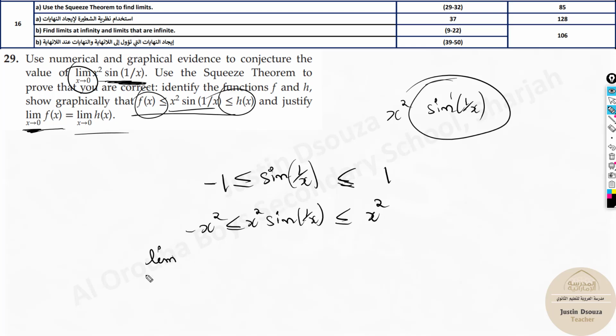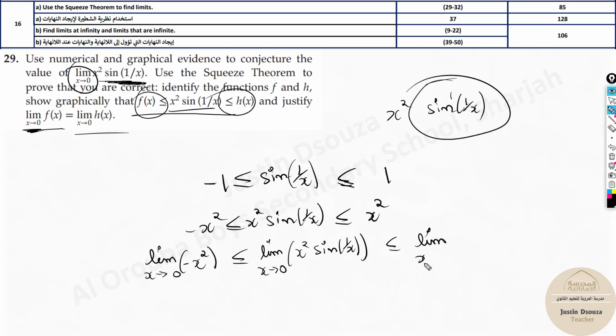Limit as x tends to 0, the function minus x square is less than or equal to limit as x tends to 0 of x square sine 1 by x, less than or equal to limit. I'm just writing this in detail, because it's all writing parts. We are just taking the limit everywhere. You don't know the limit in the middle, so don't find it now, but you can check and calculate it later on. That does not need to be written.